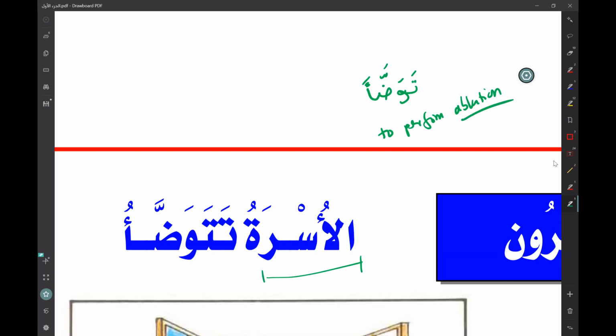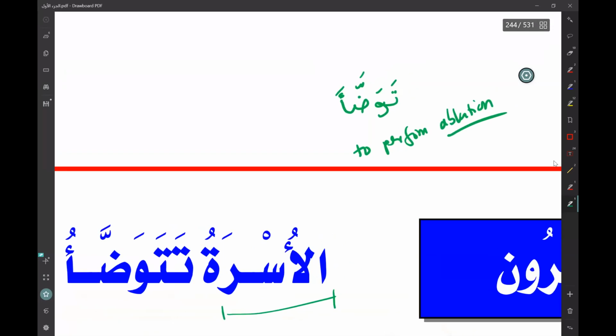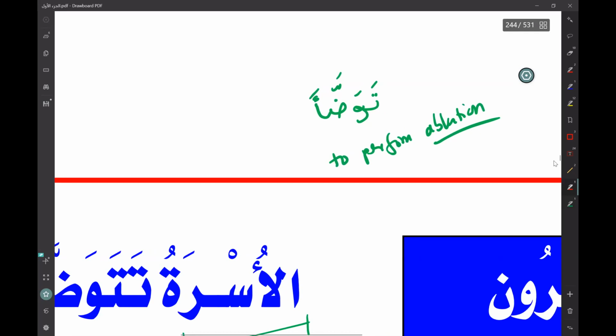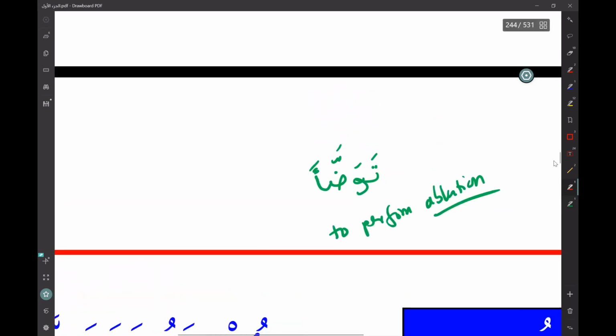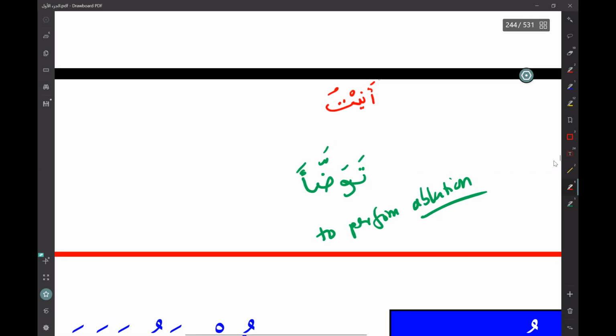Now, but here's an interesting thing about this verb. Remember last time I mentioned that when the verb starts with one of these letters, right? Guys, the harakat actually don't matter because you can pronounce it in many different ways. You can even write it different ways.